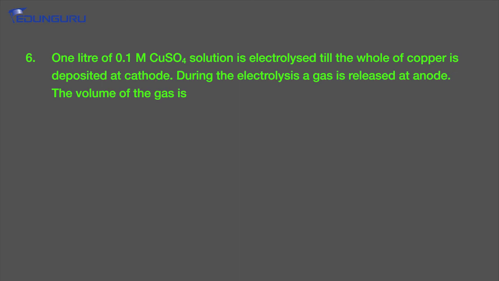The volume of the gas at 273 Kelvin and 1 atm pressure is, your options are A 112 milliliter, B 254 milliliter, C 1120 milliliter, and D 2240 milliliter.